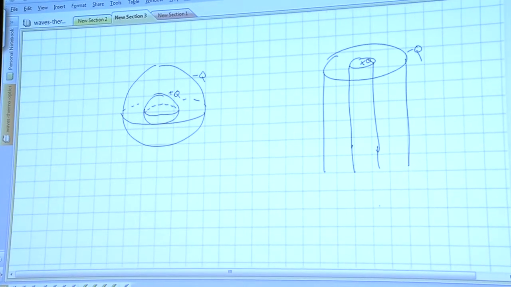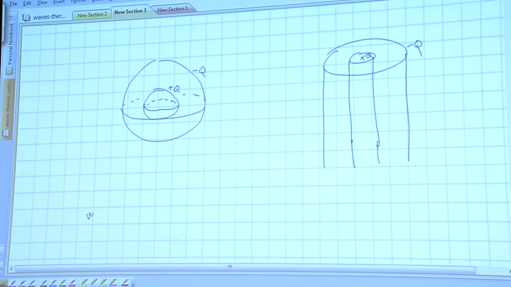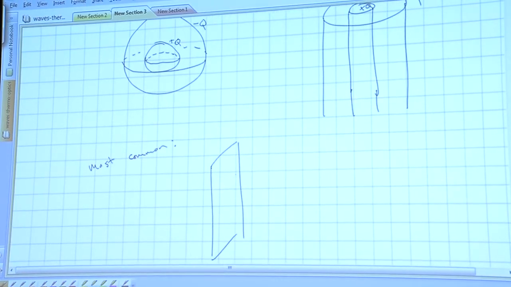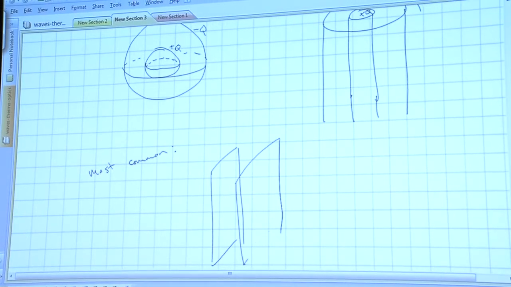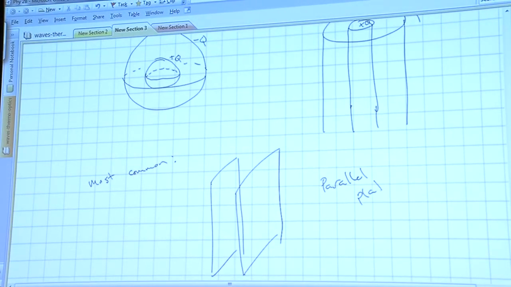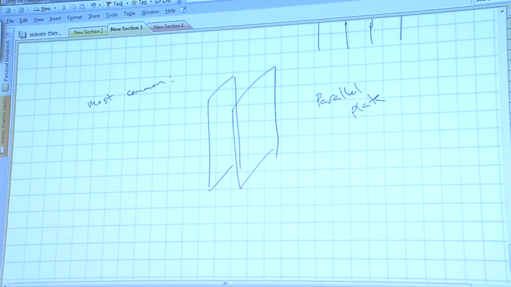It's just that parallel plate is the most common. Okay, so as long as they're not touching, you can separate charges. We can make it into a capacitor.